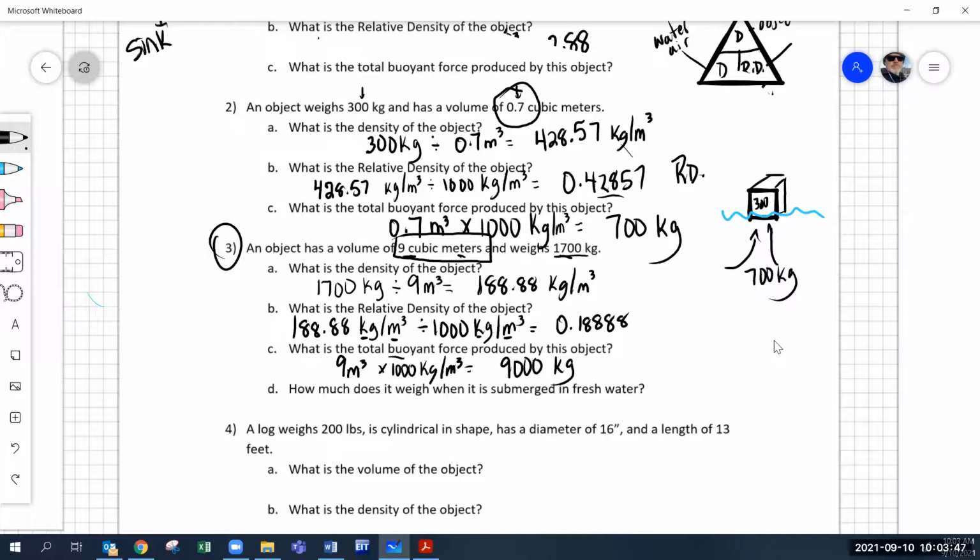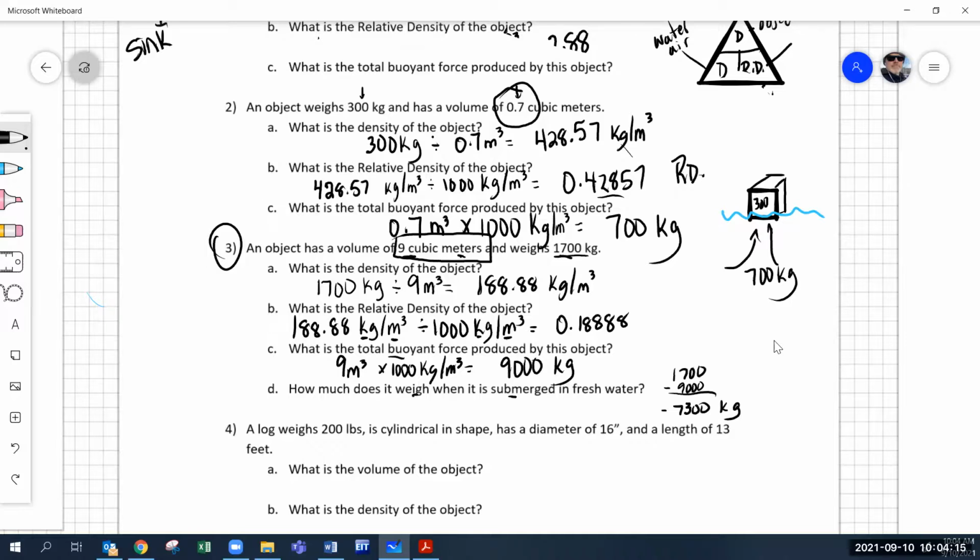So how much does it weigh when it's submerged in fresh water? Well, the object weighs 1,700 kilograms, and we minus off the 9,000 kilograms. Well, listen, the object is not minus 7,300 kilograms.